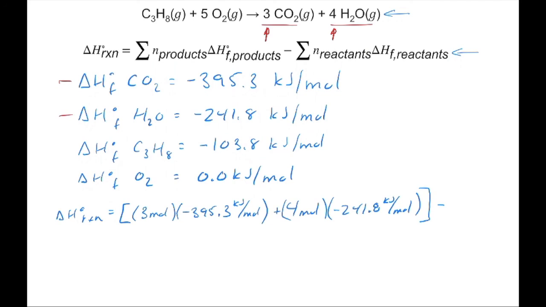So our reactants are propane and oxygen. So we have 1 mole of propane and 5 moles of oxygen. So we're going to have 1 mole times the delta H of formation of propane, which is minus 103.8 kilojoules per mole. And we're going to add 5 moles of oxygen, but oxygen is 0 kilojoules per mole, so that is not going to matter.